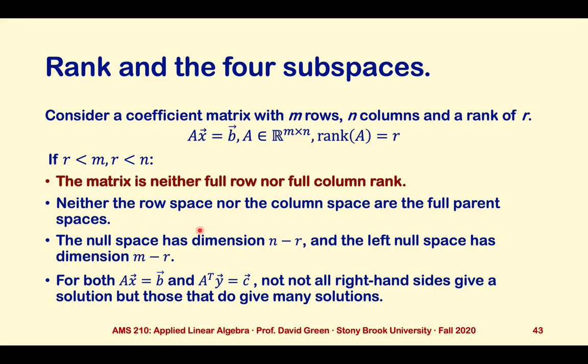The null space has dimension n minus r. The left null space has dimension m minus r. Both of them are non-trivial. They include more than just the origin. And for both Ax equals b and A transpose y equals c, not all right-hand sides give a solution, but those that do give many solutions.